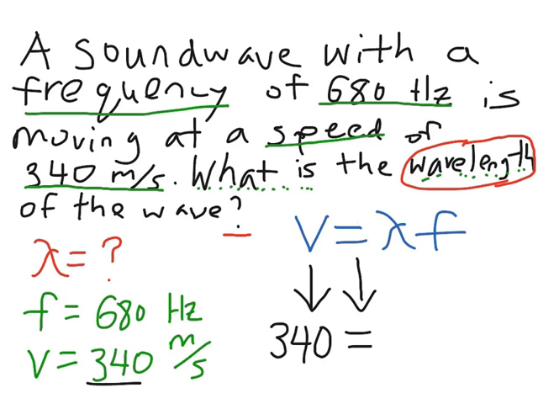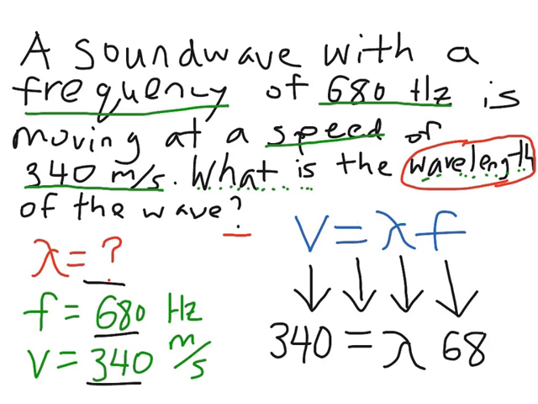The lambda, we don't know. If you do not know a number, you write lambda. Frequency, we know is 680. So underneath the F, I write 680. And we know that it's lambda times frequency.